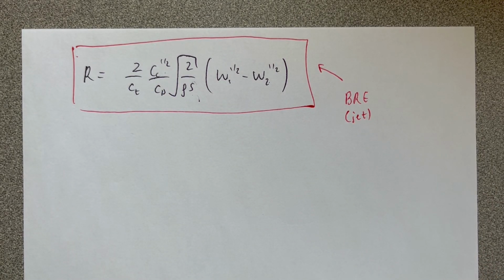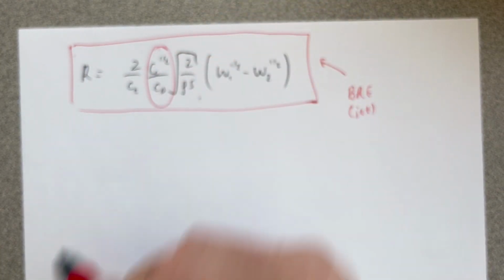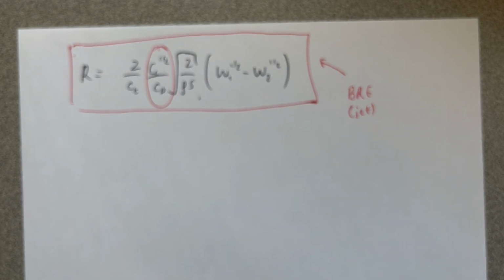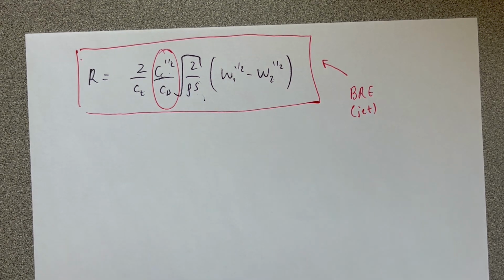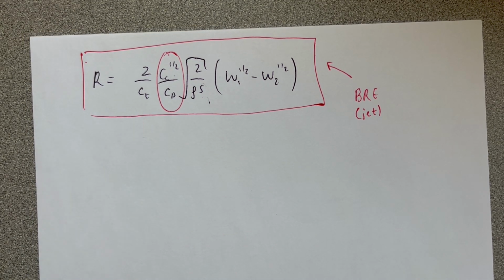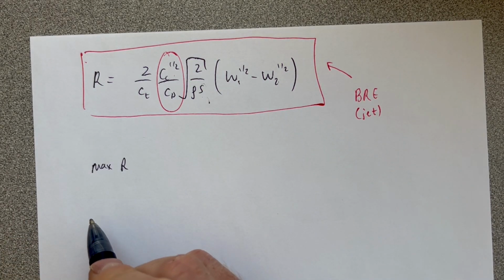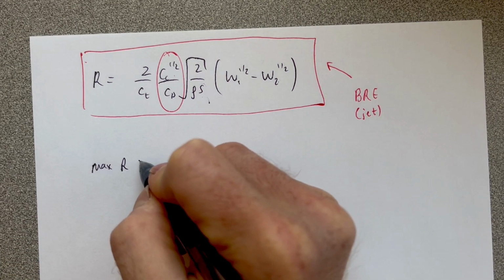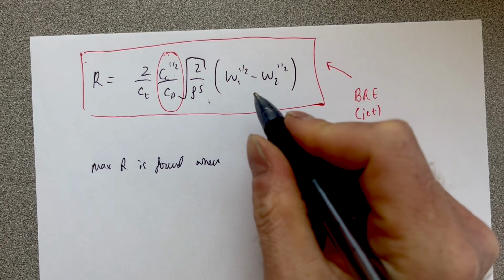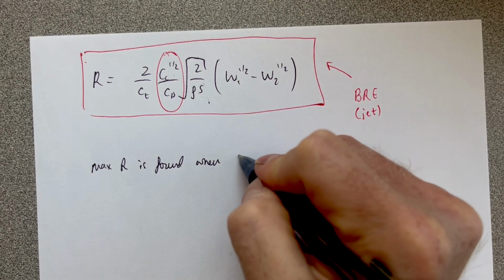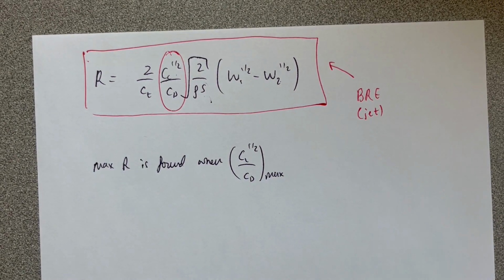So let's have a quick look then at what to do about this term right here. That's not a direct lift to drag ratio. We have CL to the half over CD. So max range is found when CL to the half over CD is maximized, right?